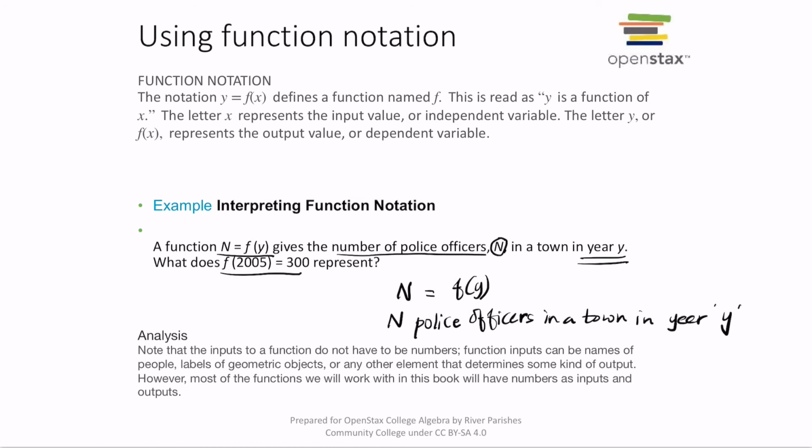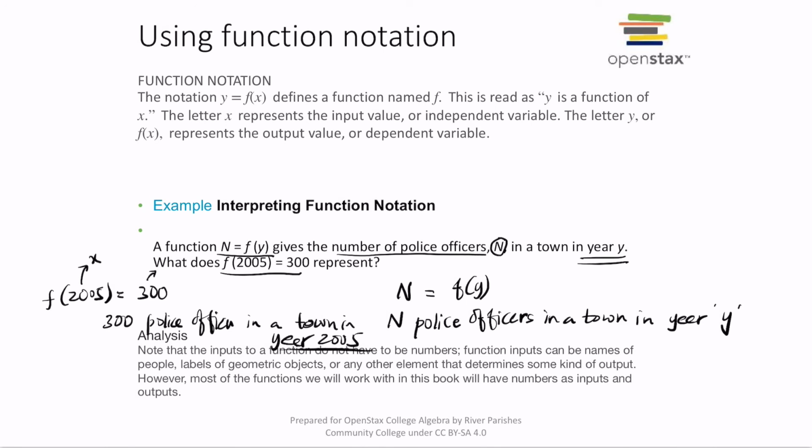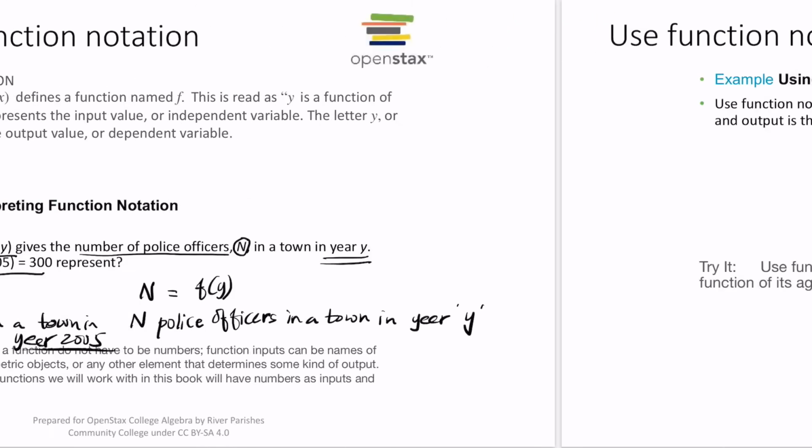If that is the case, then if you want to interpret f of 2005 equal to 300, remember that anything that's written in the bracket is x, anything that's written out is the y. So here 300, it means that there are 300 police officers in a town in the year, what is in the bracket, 2005. So this is how we can interpret the function.